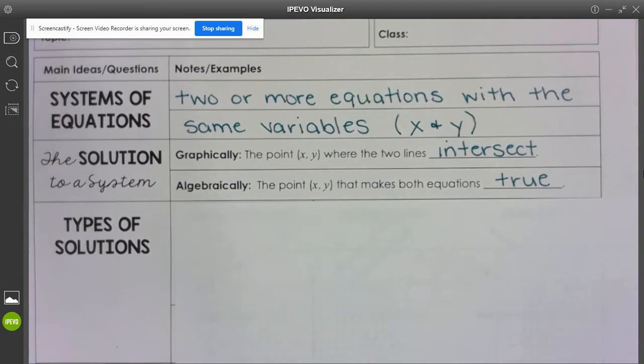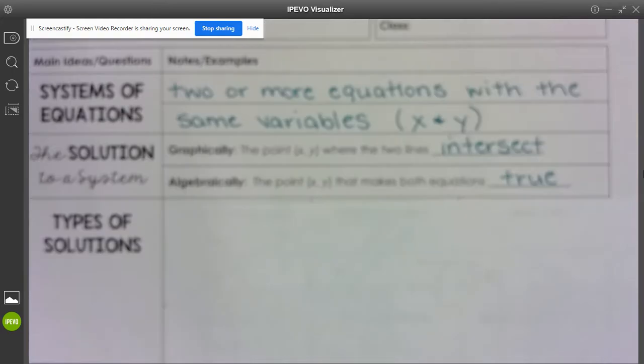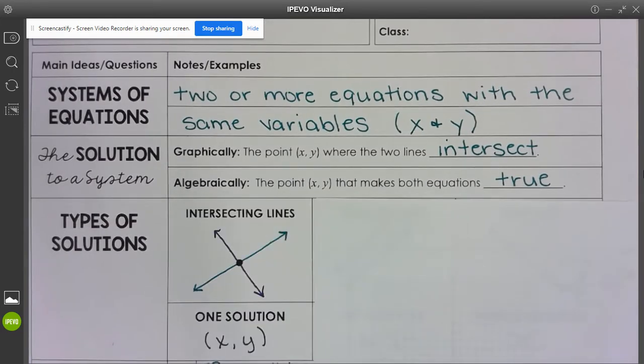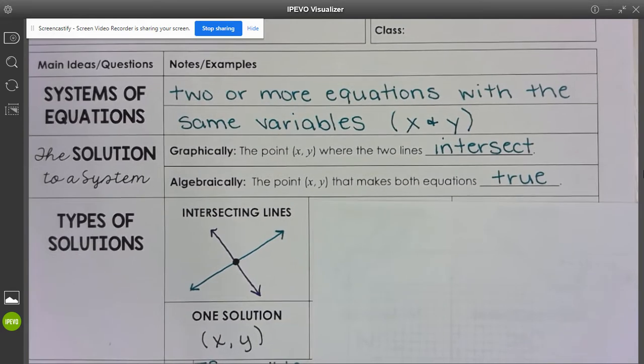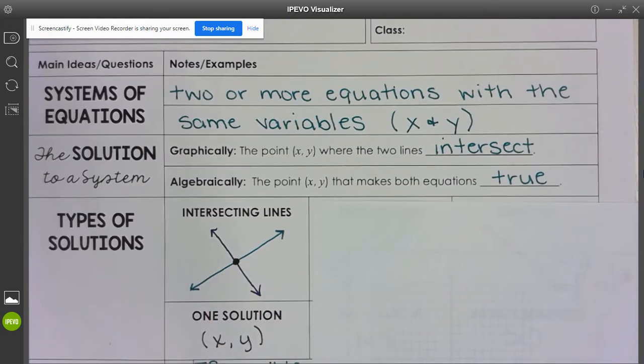So there's three different types of solutions we could see graphically. We could see lines that intersect, and they will have only one solution. It will be the point x, y. So whatever these coordinates are right here for x and y is what I would write as my solution.